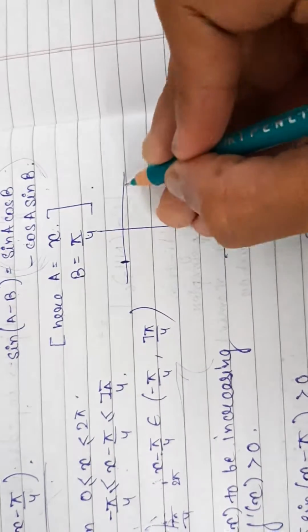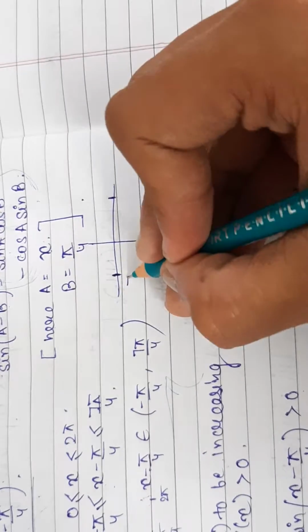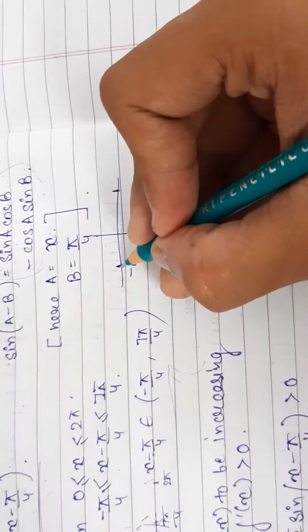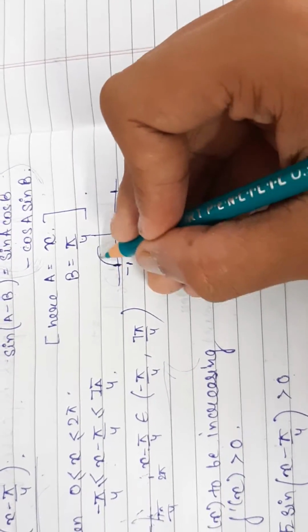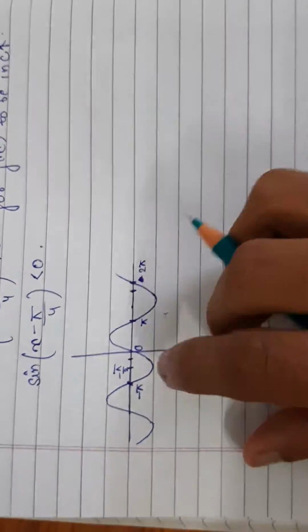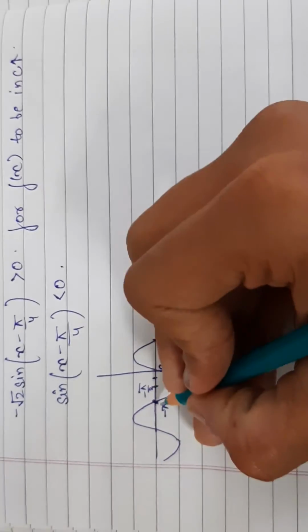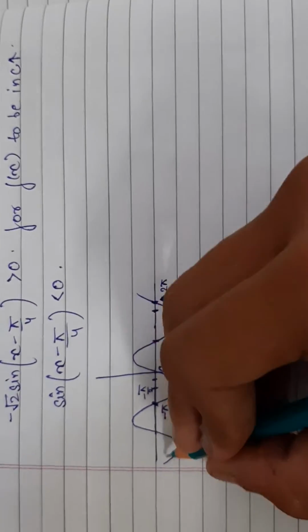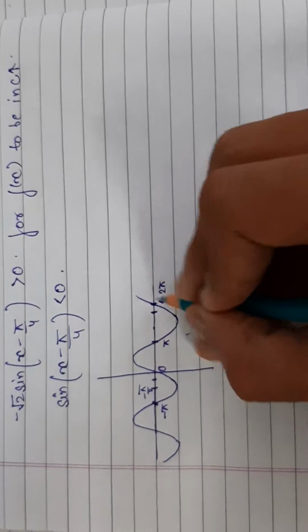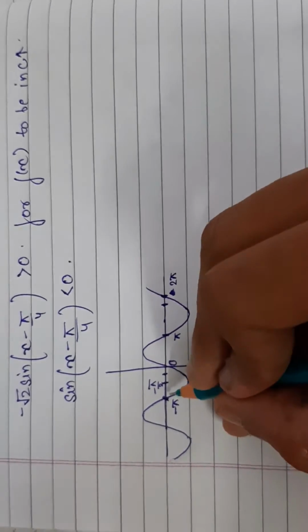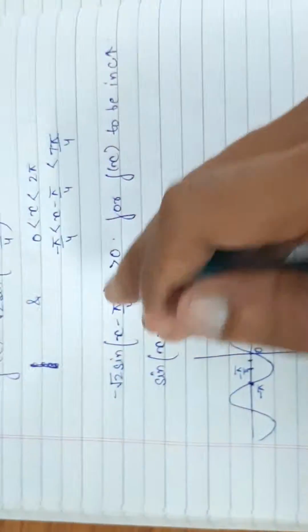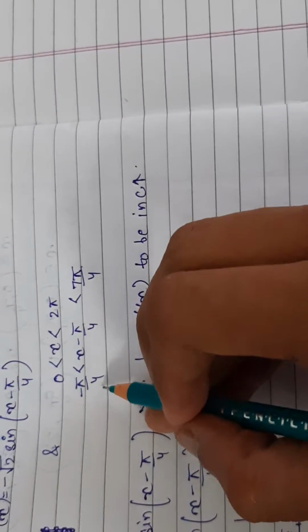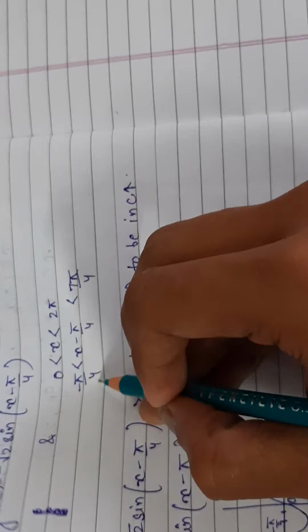Now if we plot these 2 points on the graph, a normal sine graph is something like this, oscillating between positive, negative, positive, negative. x minus pi by 4 is coming between minus pi by 4 to 7 pi by 4.